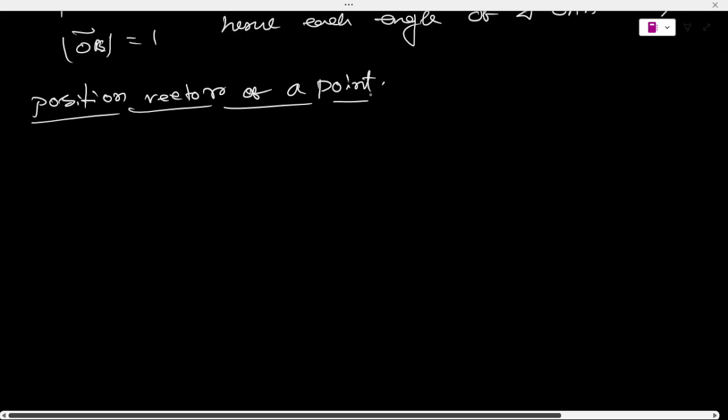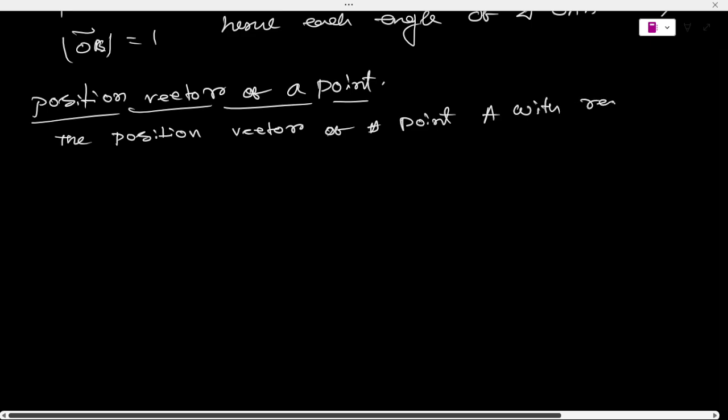If you try to find out the position vector of a point A with respect to origin O is the vector.